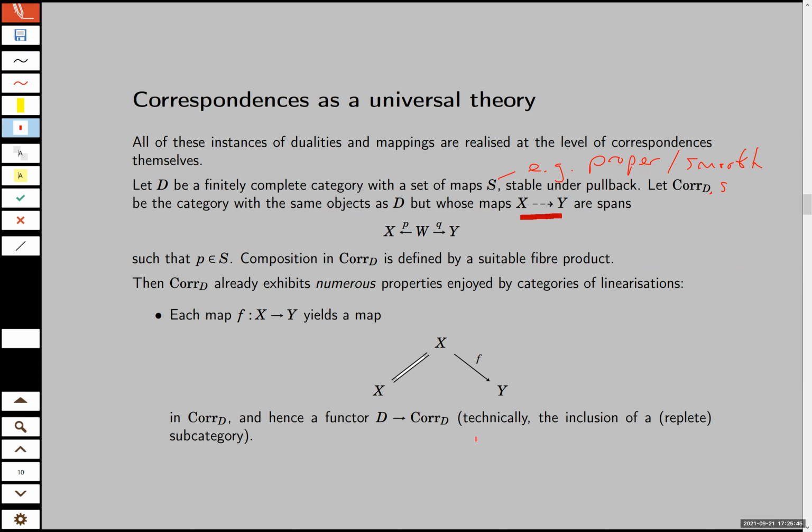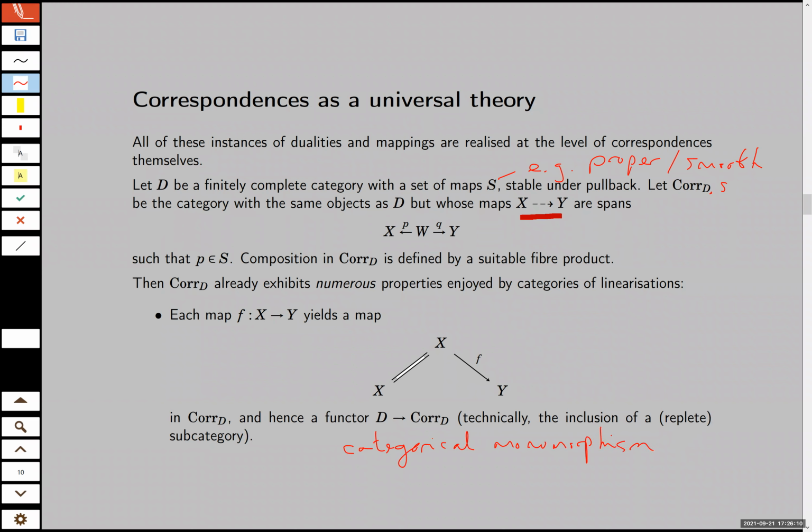The whole point of it is you have new maps coming the other way, but it is fully faithful on isomorphisms. That's in classical category theory called a replete subcategory. It's also simply a categorical monomorphism. In other words, it's a monomorphism in the category of categories.